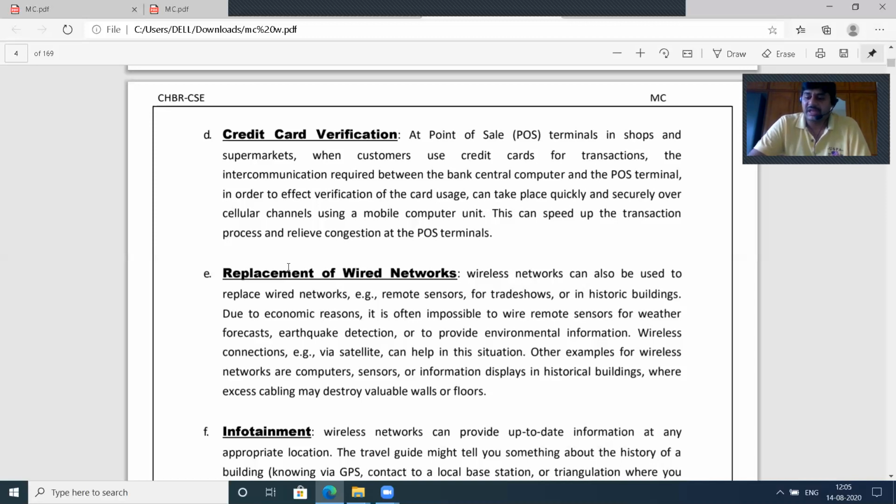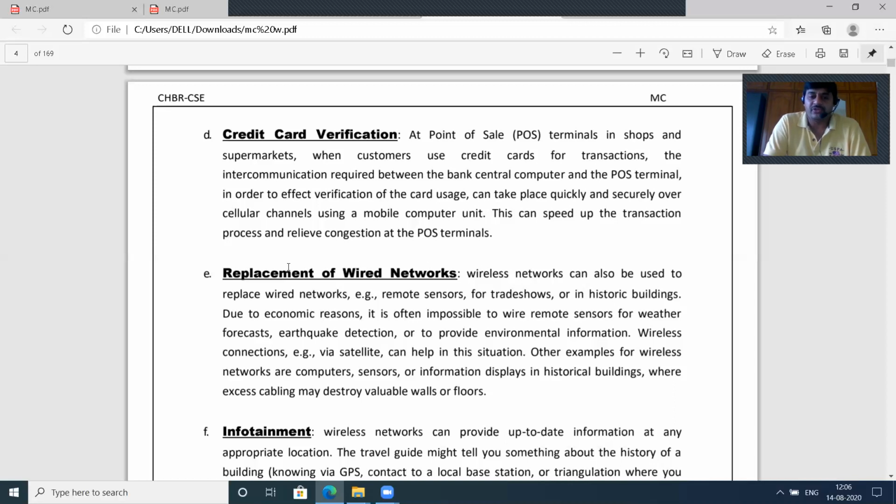Let's take a historical building. To keep track of any information to be displayed, or any information to be passed, we need a cable or modem.